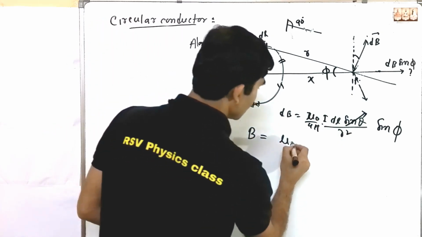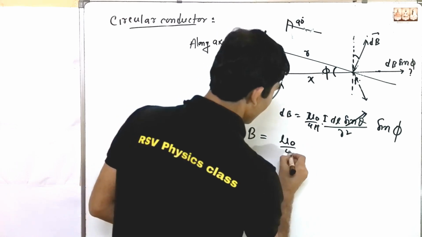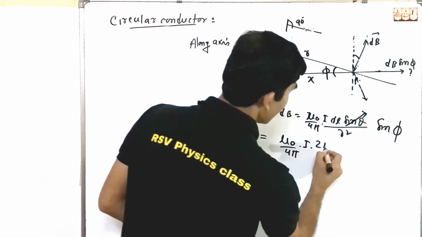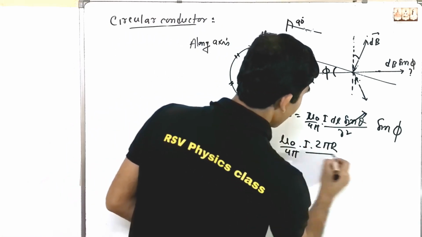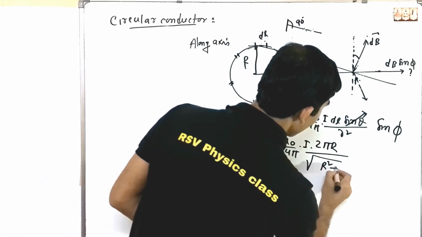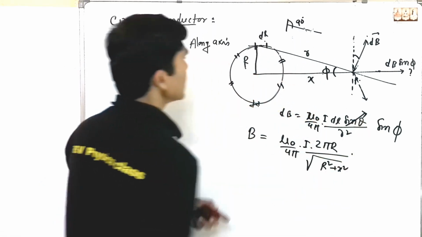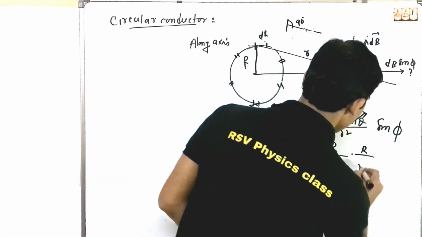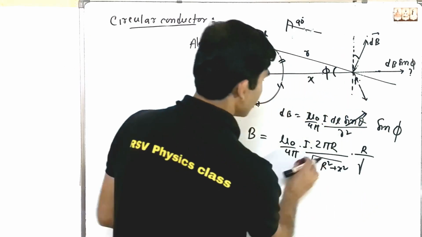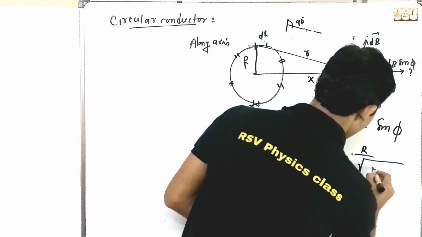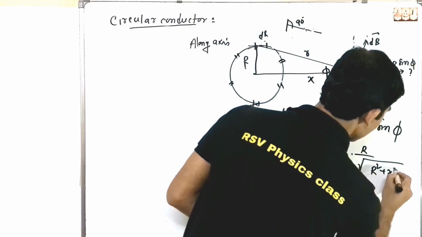So mu 0 by 4 pi I, dl total is twice pi r, the radius, and r square means root over of r square plus x square. And sin phi is how much? Sin phi is r over root over of r square plus x square.